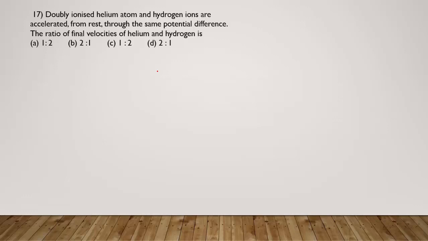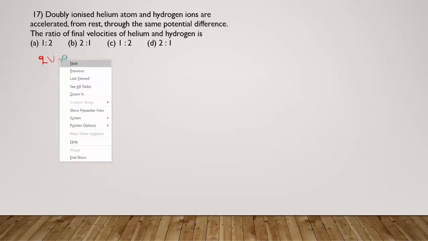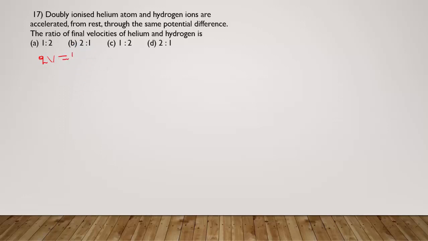When these ions are accelerated through a potential difference, QV is equal to the kinetic energy, half mv square.